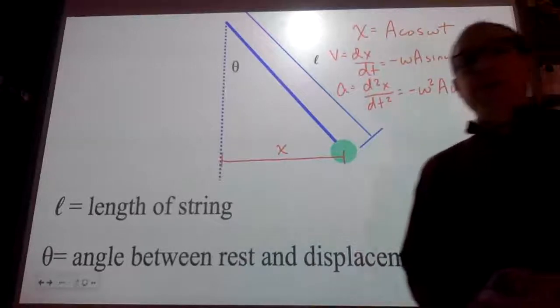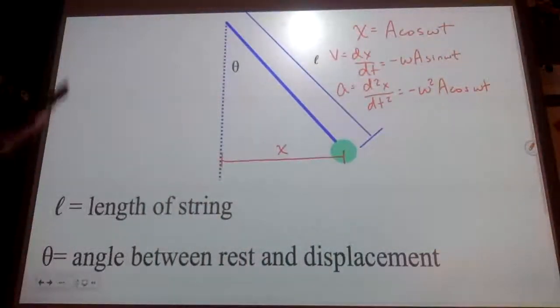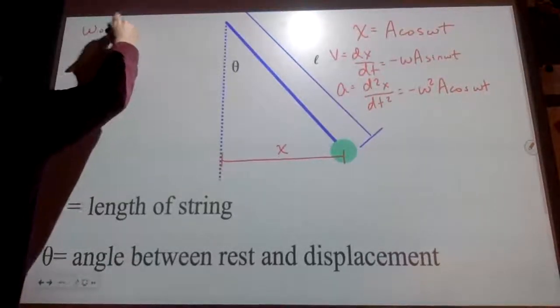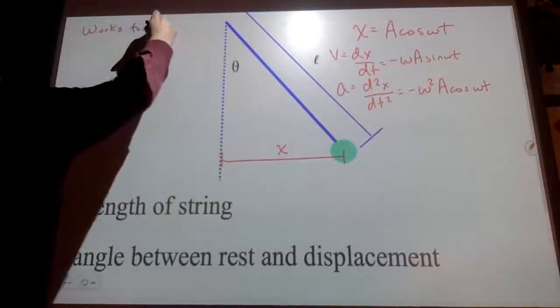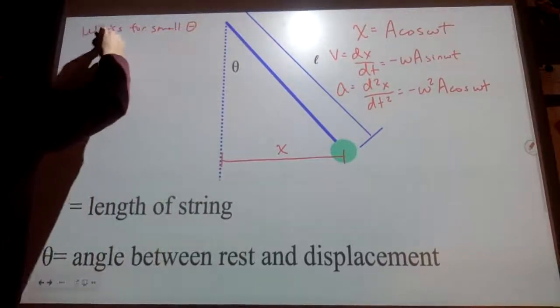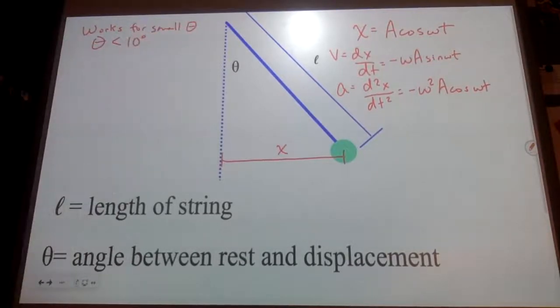All right, so we need to make a couple of assumptions for this. This formula is only going to work for small angles. And I'm going to say theta that is less than 10 degrees.